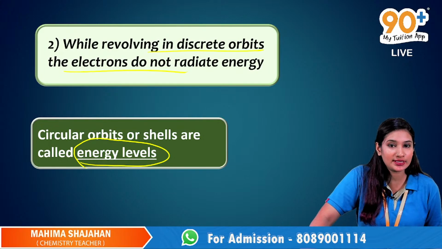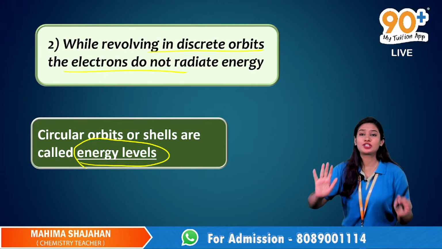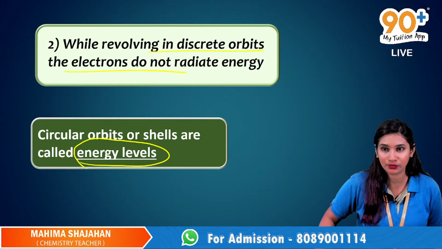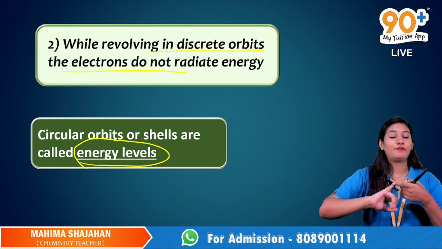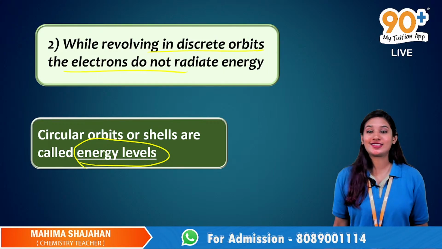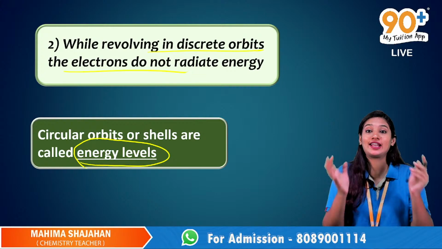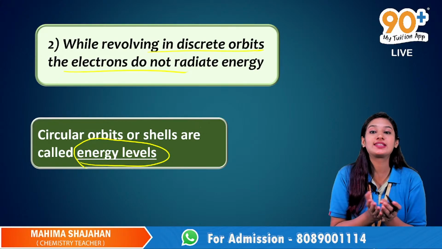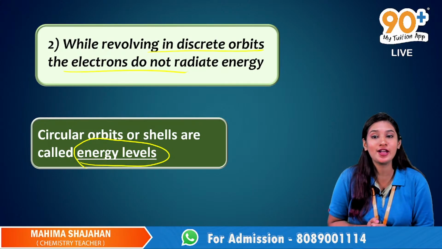Is it clear? These are the important postulates of Bohr's model of an atom. So what was the first postulate? There are some special orbits inside an atom called discrete orbits, and in discrete orbits the electrons are present.